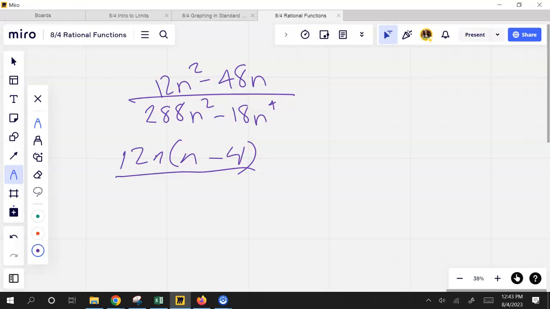Okay, so that's divisible by 6. Because 288 is close to 300, so if you add 12 to 288, that's 300, divisible by 6 is 50. He just found the GCF.